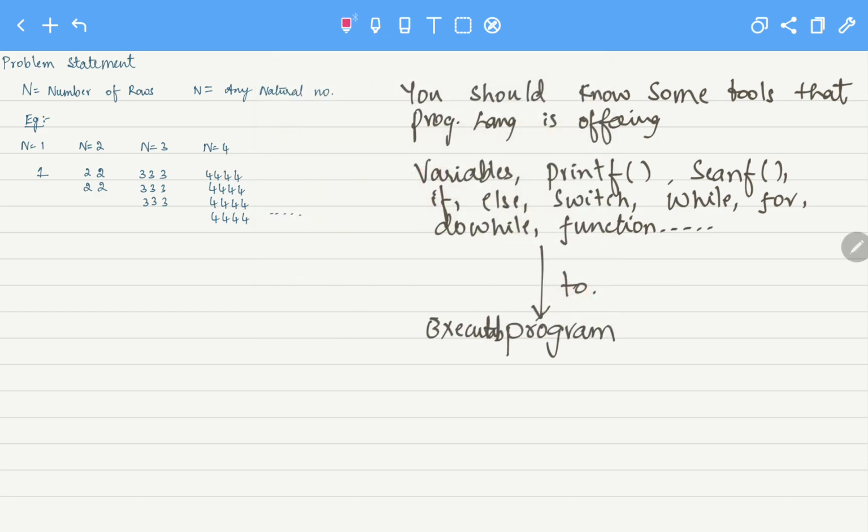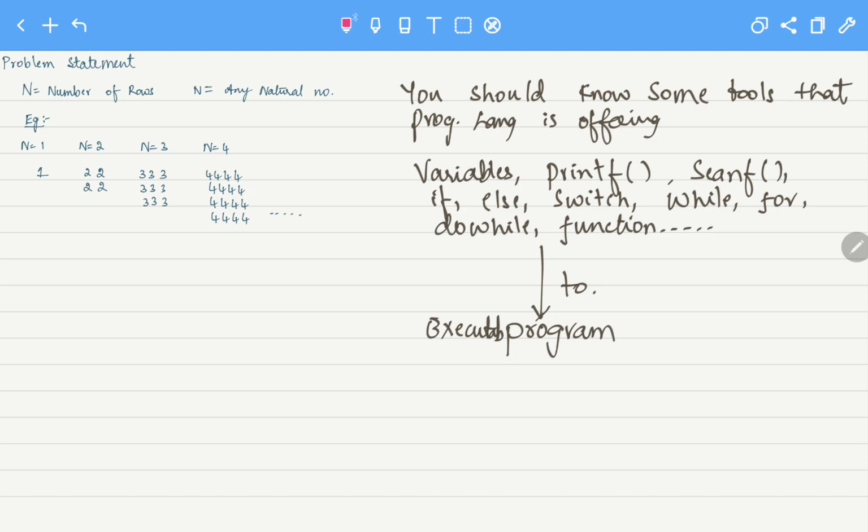To understand it, the first and foremost thing we have to observe is how, as a human being, forget about programming language, how we are thinking whenever you are given this problem statement and asked to find the pattern.